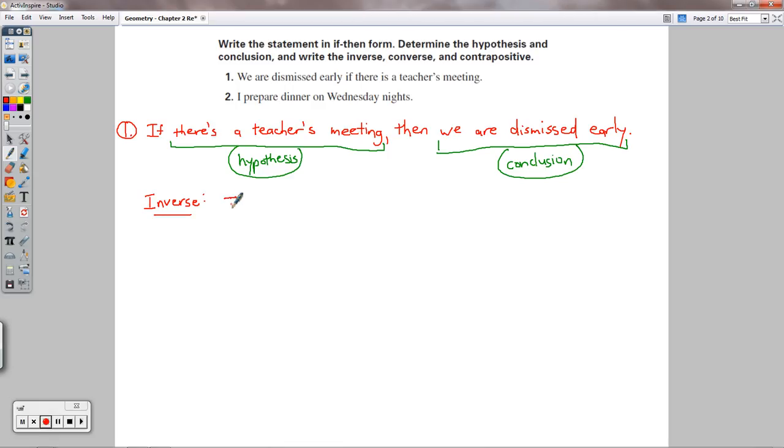So this would be the inverse: if there's not a teacher's meeting, then we are not, or aren't, you could say either way. They're both grammatically correct. We are not dismissed early.